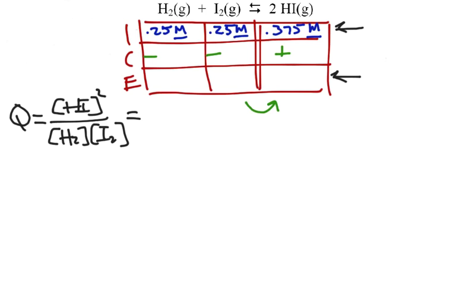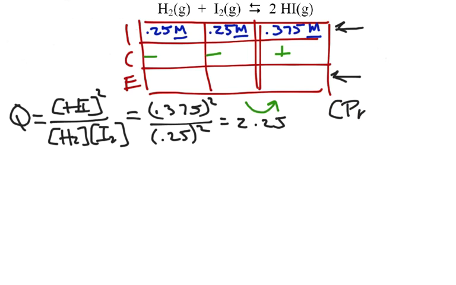So let's get our numbers first: 0.375 squared over 0.25 times 0.25, so that's squared as well. I believe that comes out to be 2.25. Now, the K is the products divided by the reactants concentration.